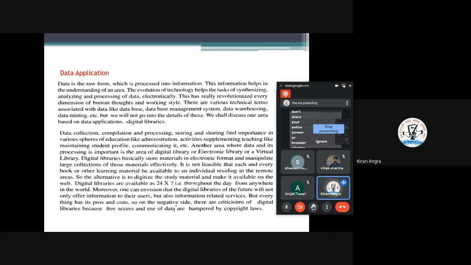All of these are data, all is the collection of material. It is not possible to read all the books or all the learning materials, but this data application helps you to reach the data 24/7 throughout the day, any time of the day, any place.